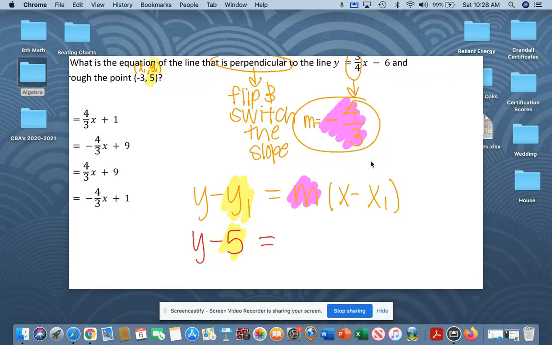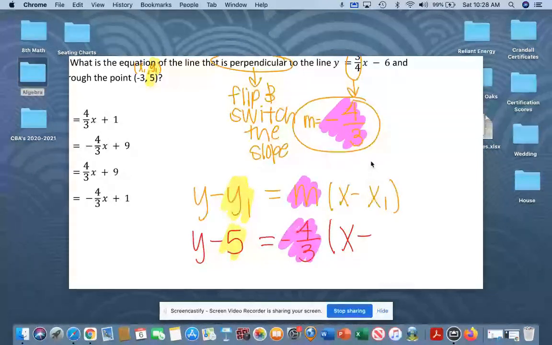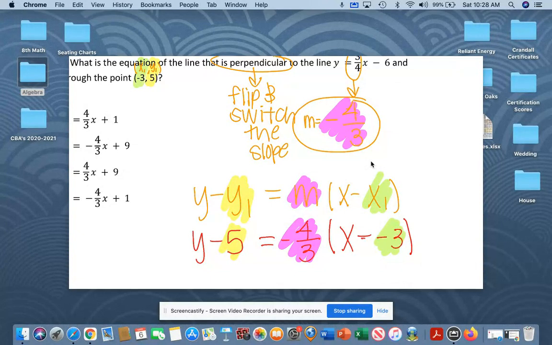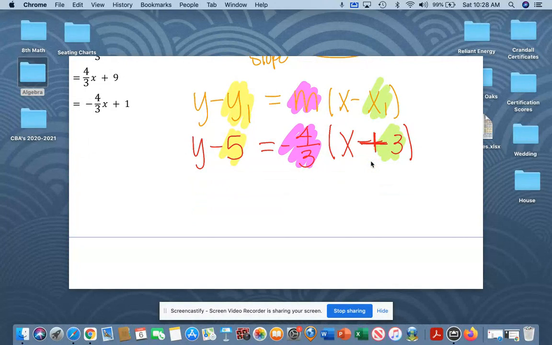That's really hard to see, but it is negative 4/3. And then x minus my x1, which is negative 3. But instead of saying minus a negative, let's just go ahead and change that to the positive 3.